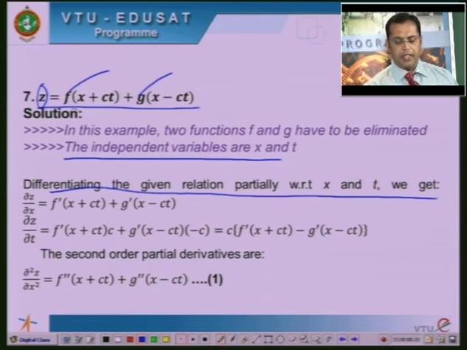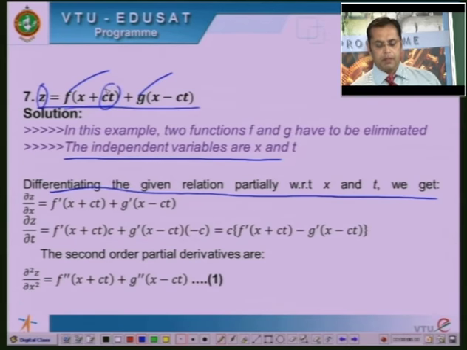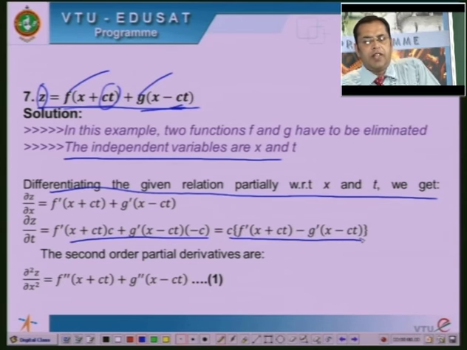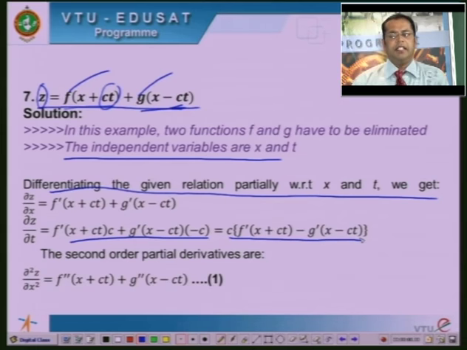So dou z by dou t is first f transforms to f dash of x plus ct into derivative of ct with respect to t, which is c, plus g of x minus ct transforms to g dash of x minus ct into partial derivative of x minus ct with respect to t, which is minus c. Both these give a common factor c, which when removed gives you c into f dash of x plus ct minus g dash of x minus ct.